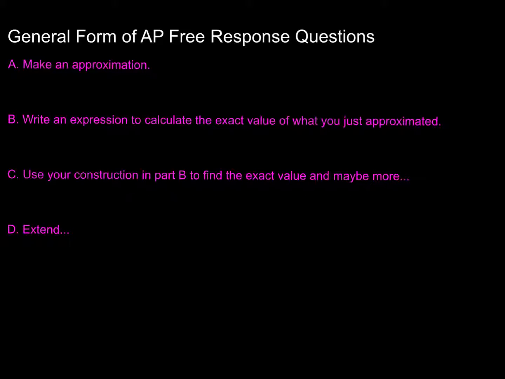So given some information about a situation or some data, you want to first make an approximation. So there are a couple ways that we've done this. One is by finding the average rate of change. That was way back in semester 1.